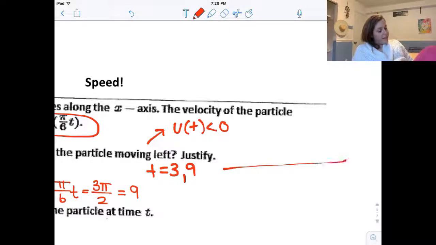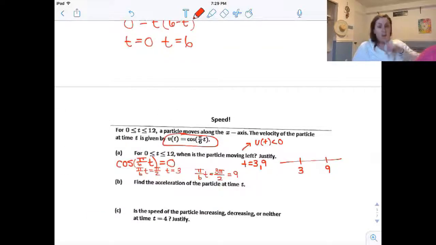So looking at my sign chart, I'm going to put 3 and 9 on there. And I need to test this. So let's test a number less than 3. I'm going to pick 1. So if I plug in 1, I get cos of pi over 6, which is positive. If I plug in 4, I get cosine of 2 pi over 3, which is negative.